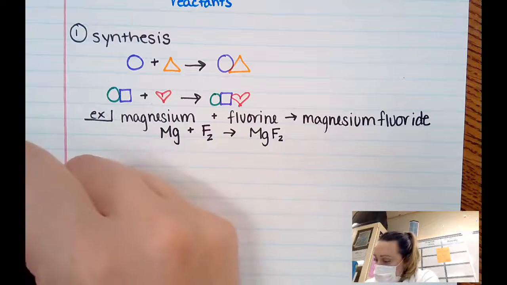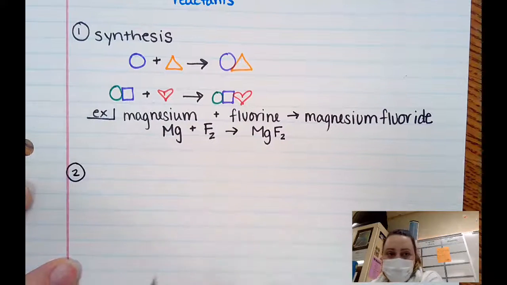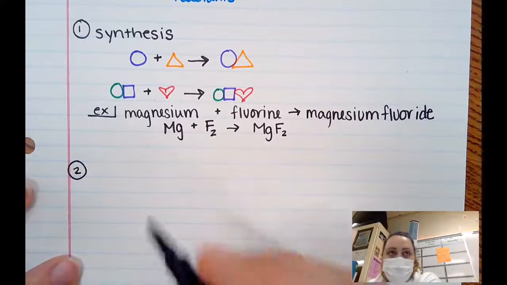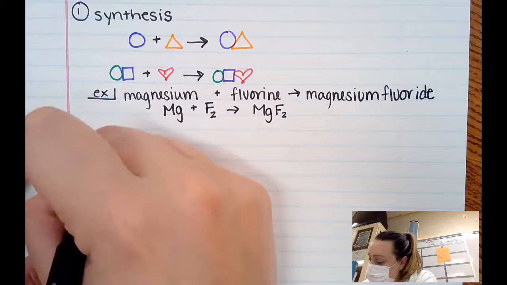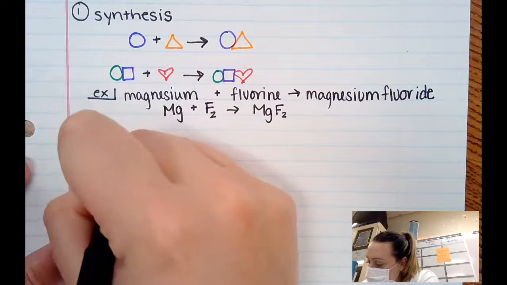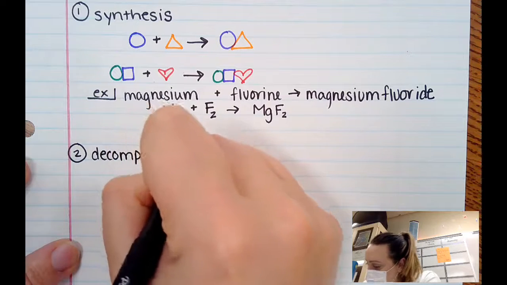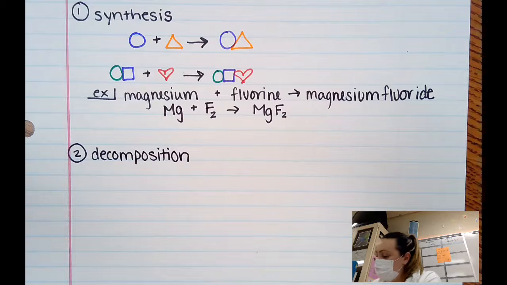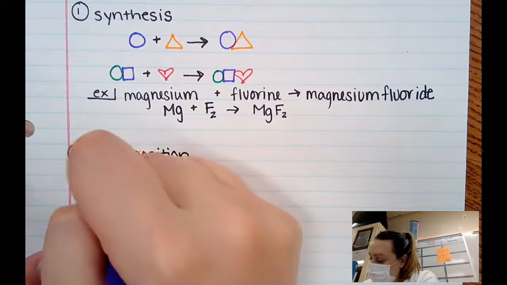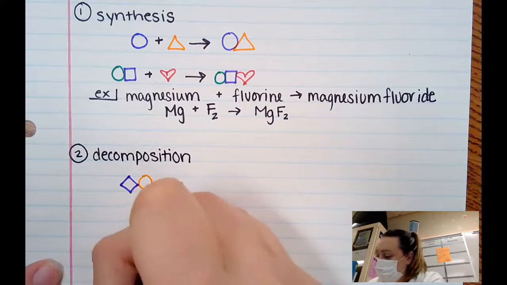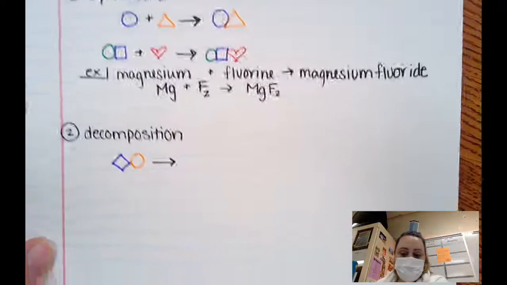Our next type of reaction is the opposite of this, and the opposite of making something is breaking it apart, and that is decomposition. So for this one, I have that bonded to this, and a reaction occurs.